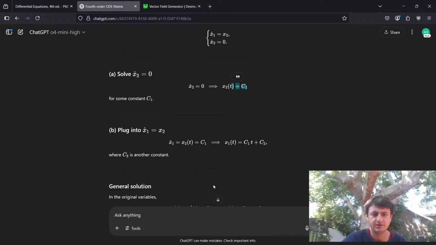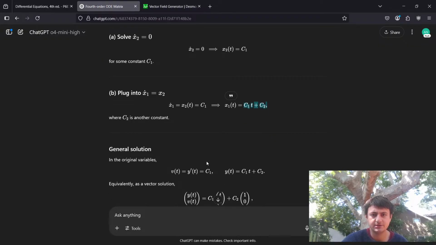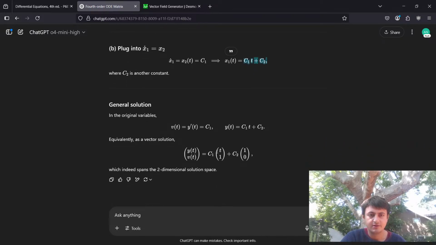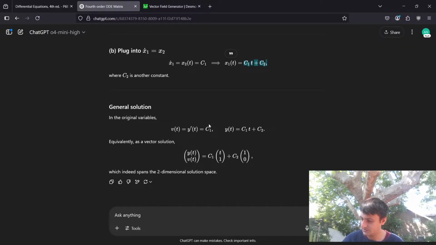Yep, that's what I got. Oh, well, I didn't actually write that, though. Because v equals c, so this would be c1 plus c2 t plus c2. Okay, that makes sense. So that's y.